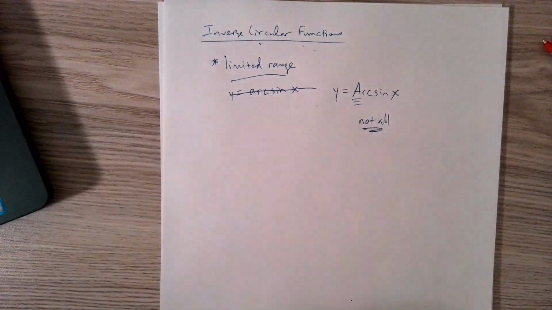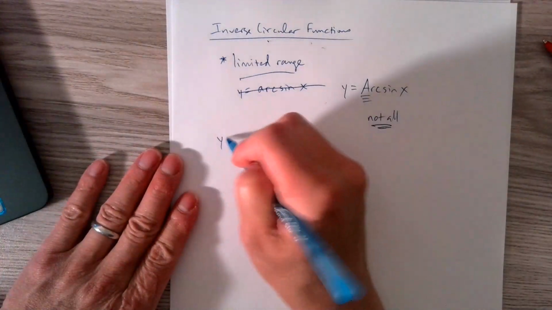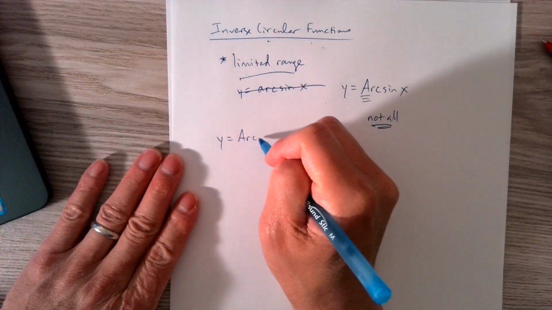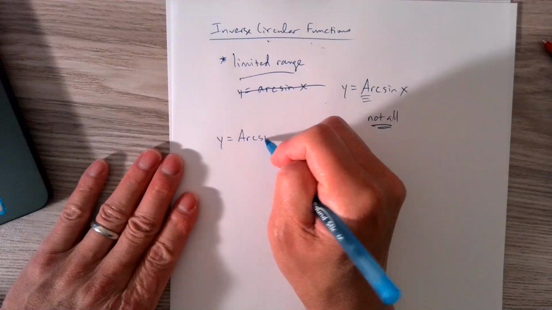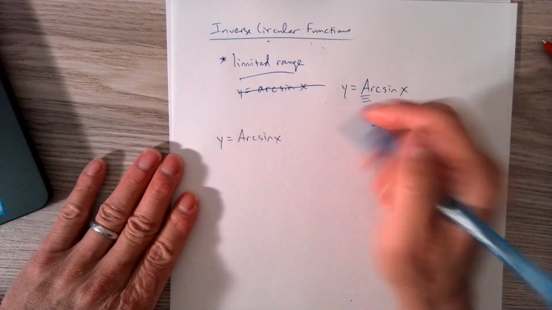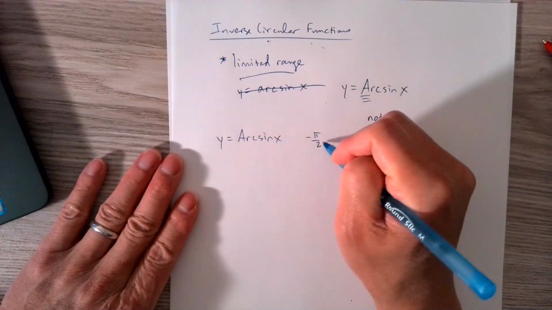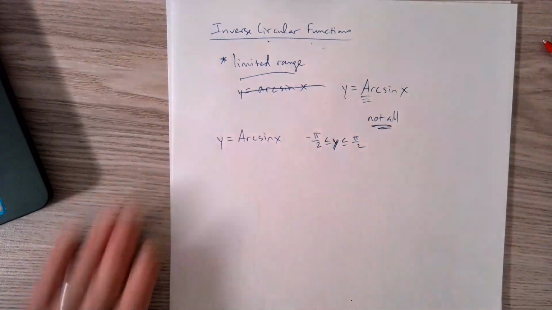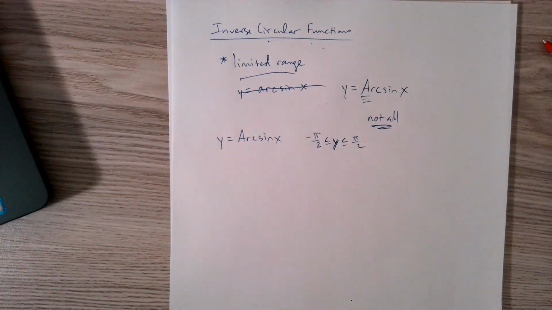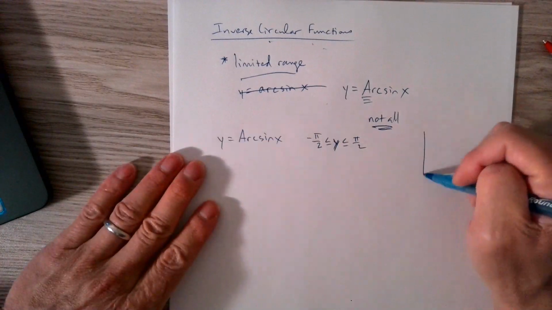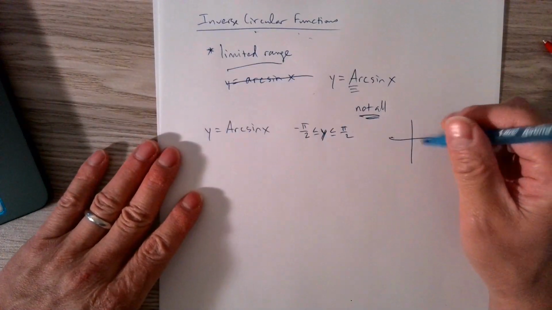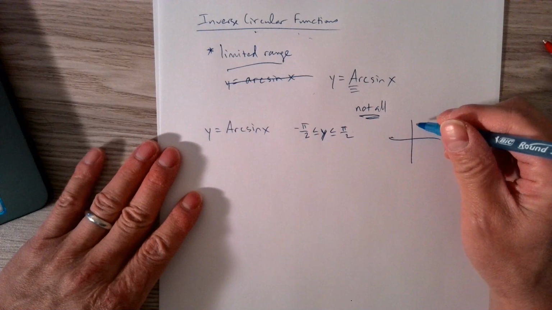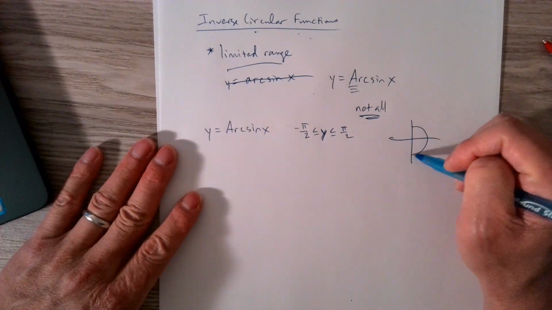So what is this range? Well, for capital A arcsine, this is the range. Visually speaking, that means here.